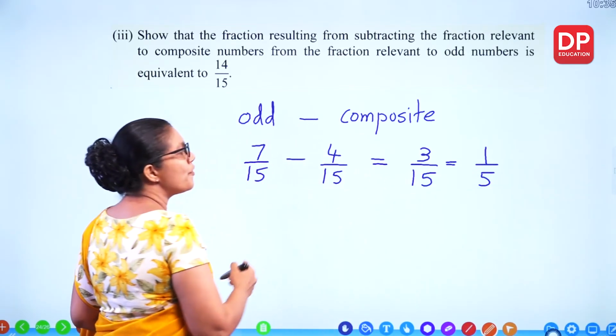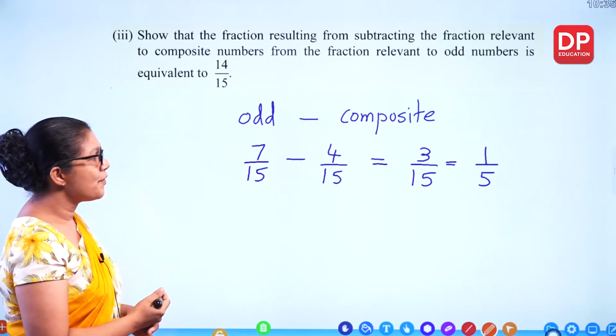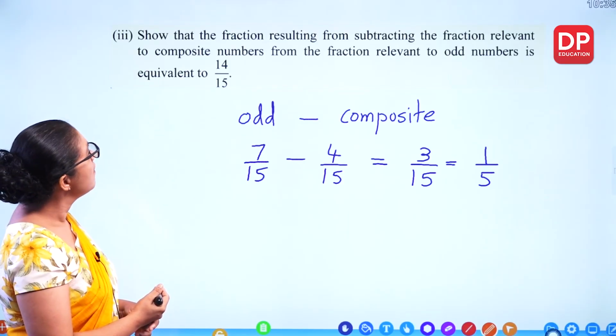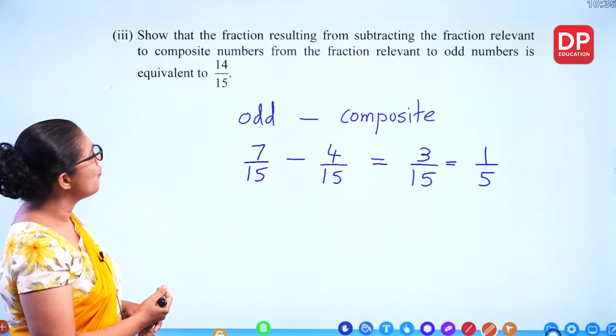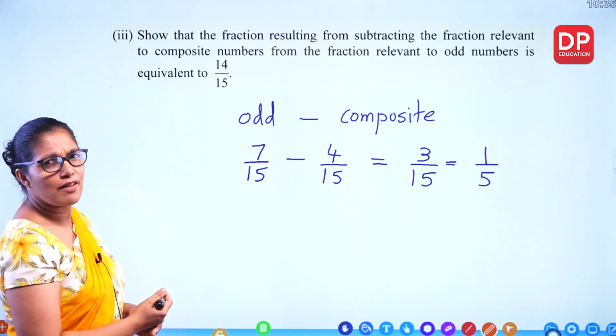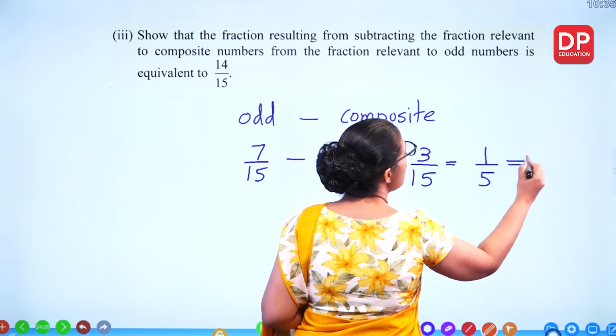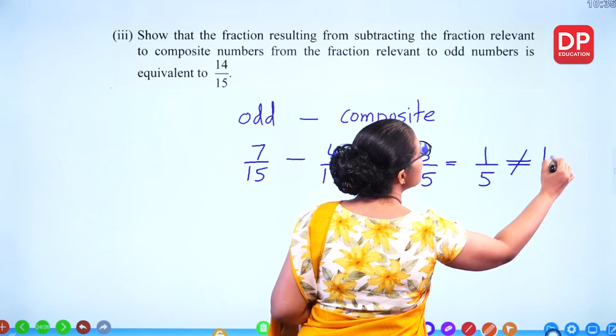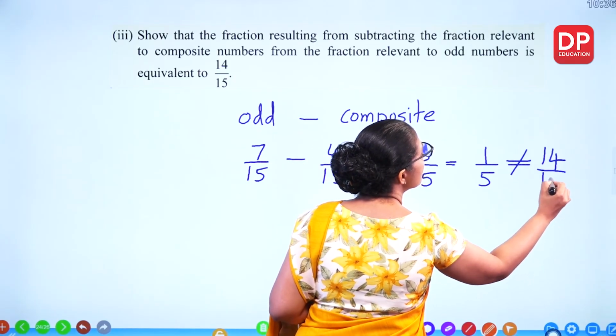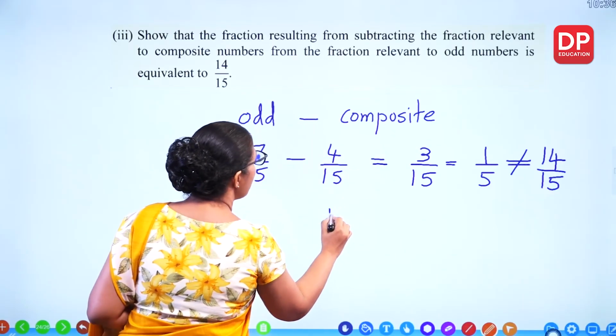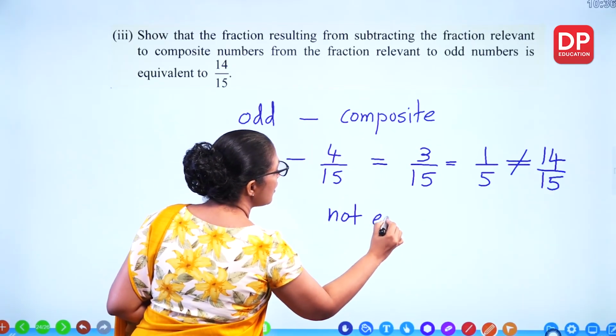Divide both the numerator and the denominator by 3. You get 1 over 5. Is it equivalent to 14 over 15? It's not equivalent. So, we can write not equivalent.